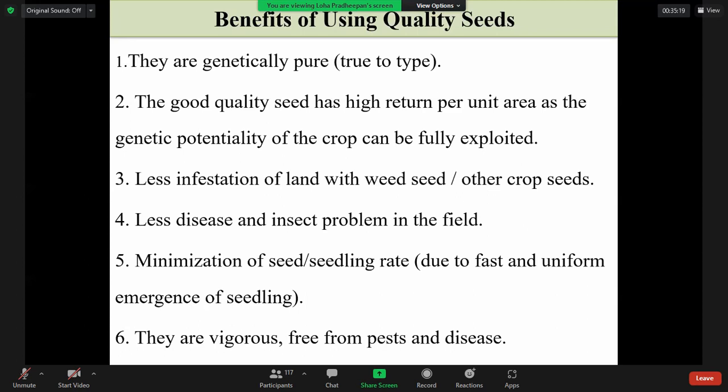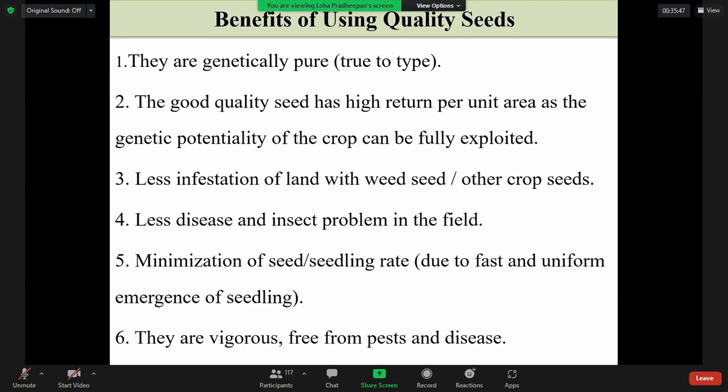Other one, seed health. Under the seed health, what are the things we will look into? The seed, mechanical damage caused by the machineries. So that type of things we will look into under the seed health.